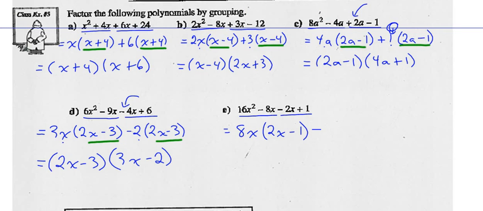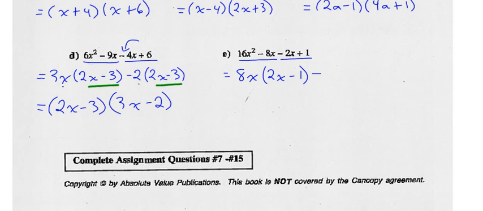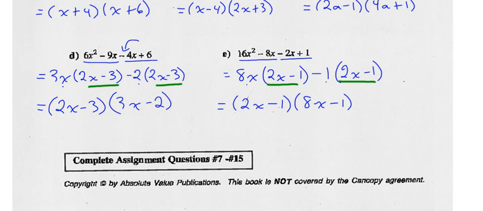So now I'm going to take out a negative 1. So I divide both terms by minus 1. Negative 2x divided by negative 1 is a positive 2x. And positive 1 divided by negative 1 is a minus 1. That works really nice because now I have a common binomial factor of 2x minus 1. So I've got 2x minus 1. Take out that binomial factor, I'm left with 8x minus 1. And I've completely factored that expression.